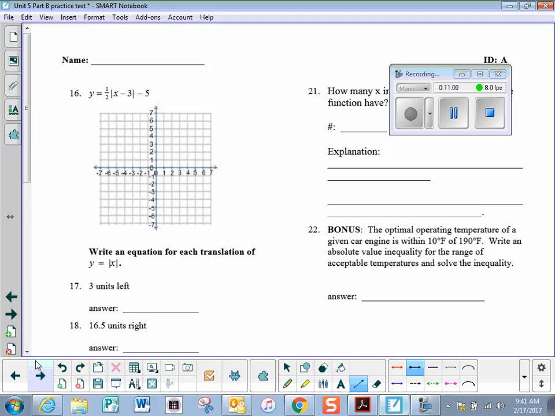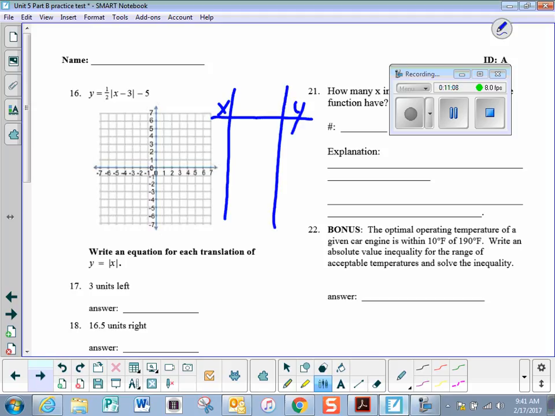Number 16, same dealio. I'm going to make a table. One half absolute value of x minus 3, minus 5. So I'm going to make 3 my middle number. Okay. What happens when I put in 1? I have 1 half times 1 minus 3 is negative 2.